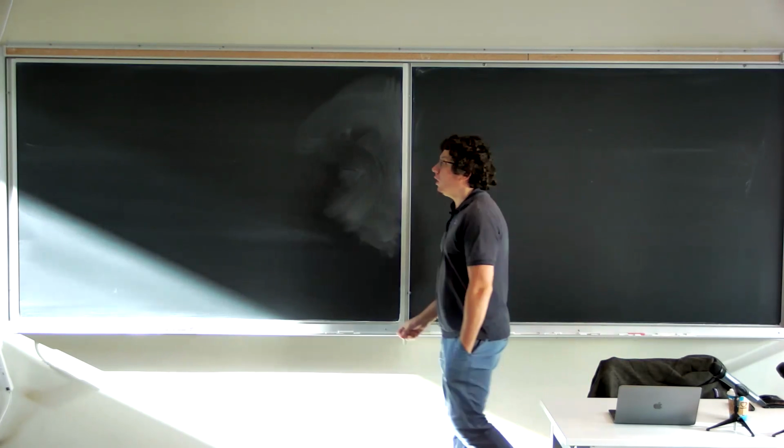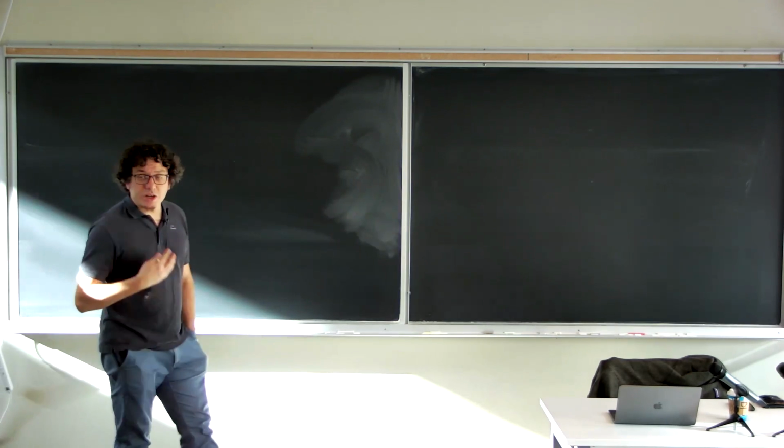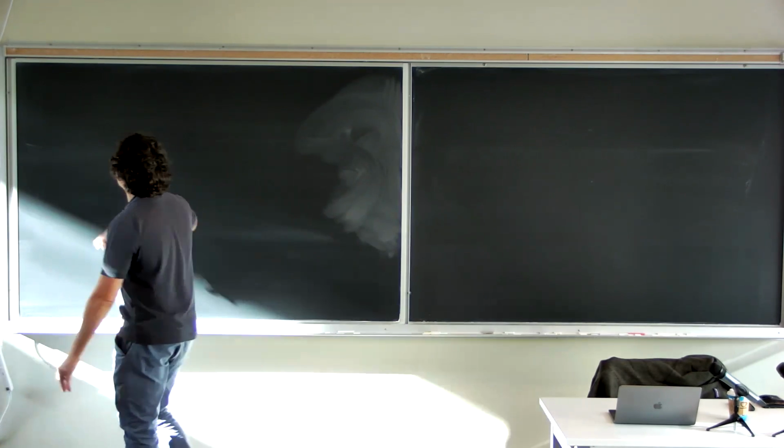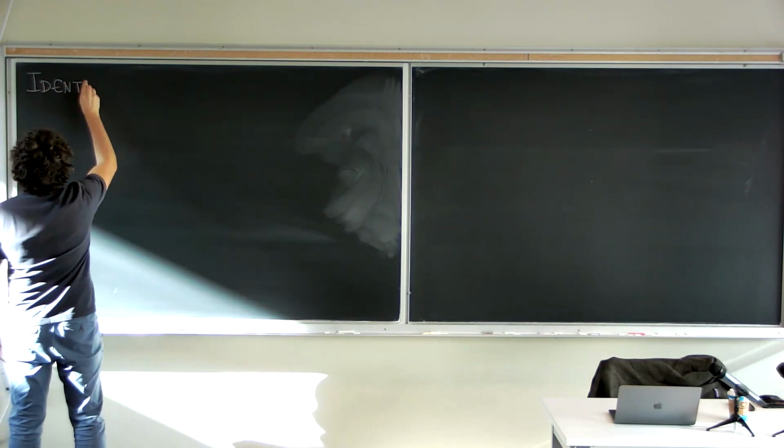So we'll keep talking about the theory of Poisson boundary and what are the criteria for identifying the Poisson boundary.